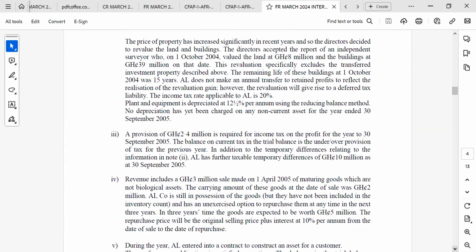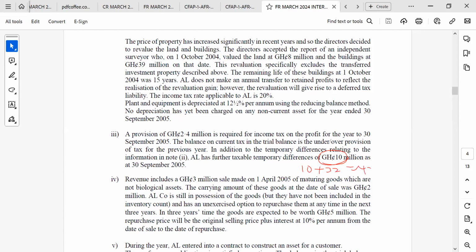That is relating to revaluation surplus. That is for OCI. The one given to you over here now is for profit or loss. So AL has further taxable temporary difference of what? 10 million. It means that in total, their temporary difference will be 10 plus 32 million.